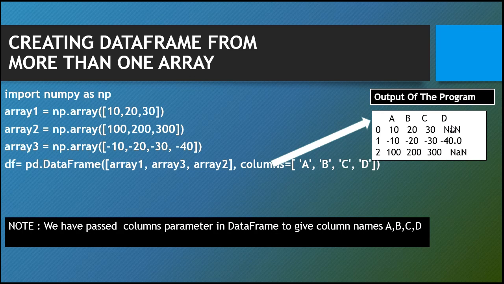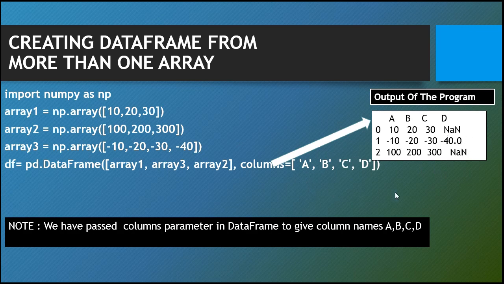Now you can give different column names instead of default column numbers by passing the columns parameter in the data frame function. You can see here that we have mentioned 4 column names as A, B, C, D with the columns parameter. Now see here that in array 3 there are 4 elements, but in the other arrays there are 3 elements, and that's why it is showing NaN value.